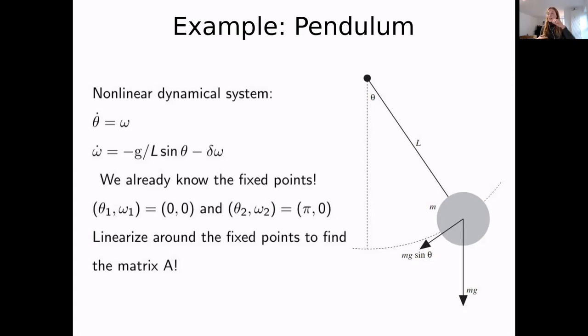So you probably all know a pendulum, like maybe your grandmother's clock. And this is a nonlinear dynamical system. And again, like having the spring, you need to believe me that this gives you the acceleration of your system.